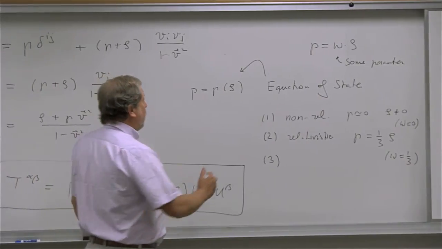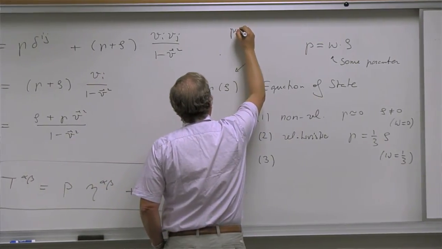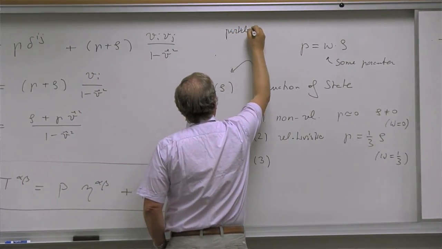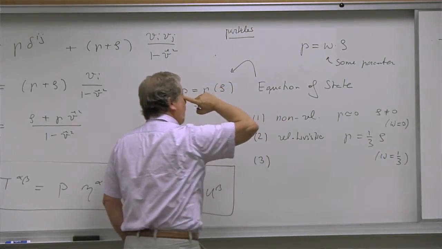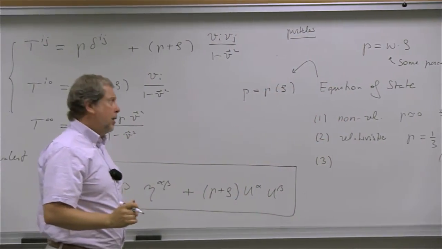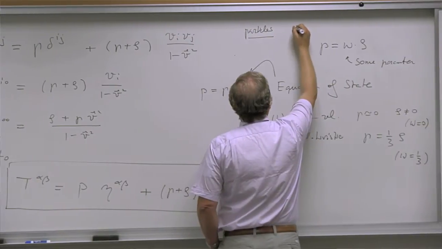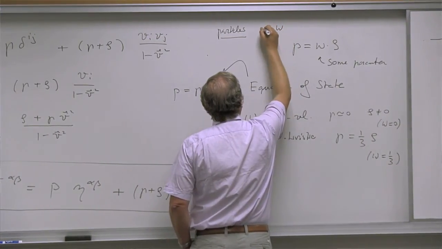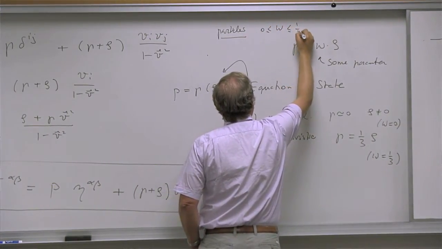Now it turns out that if you have particles, and Weinberg has a little discussion of that, it's very easy to show, it just takes half a page, that W is between 0 and 1/3.